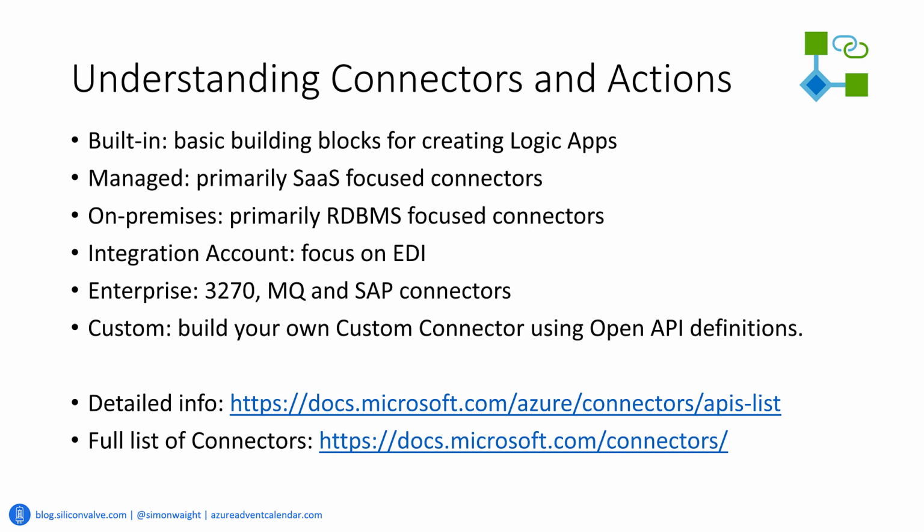As I mentioned previously, the power of Logic Apps is the sheer volume of connectors available to developers to start working with right away. These are organized into groups to make it easier to understand when to use a particular connector. Built-in triggers and actions provide you with basic capabilities for integration. The scheduled trigger lives here. It's the trigger that allows you to run things hourly, daily, weekly, or at certain dates.